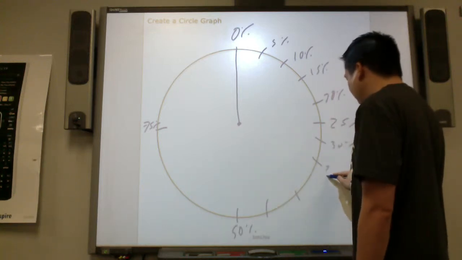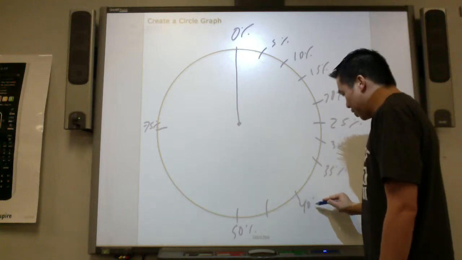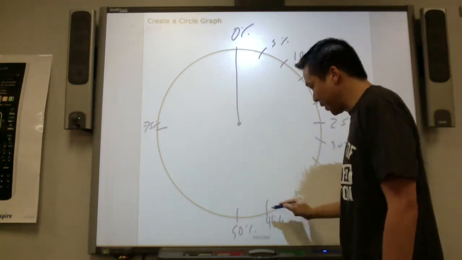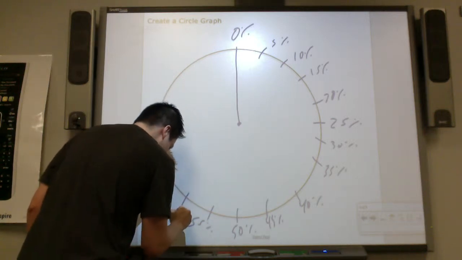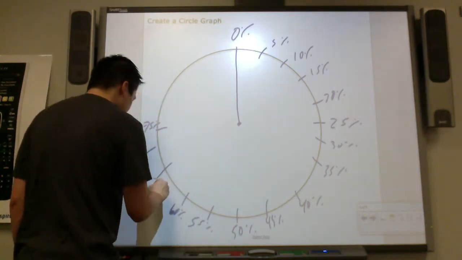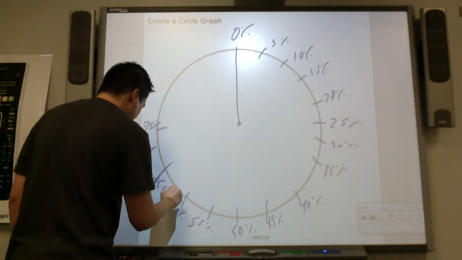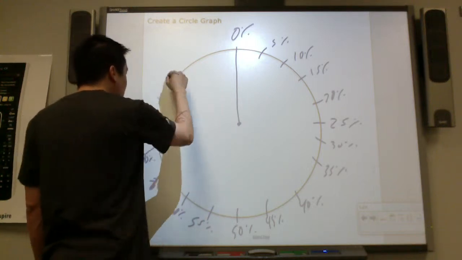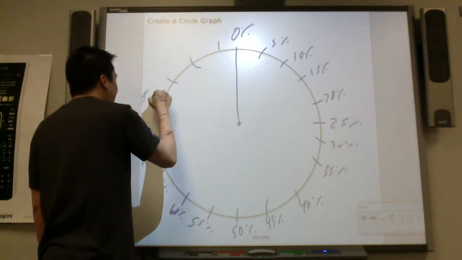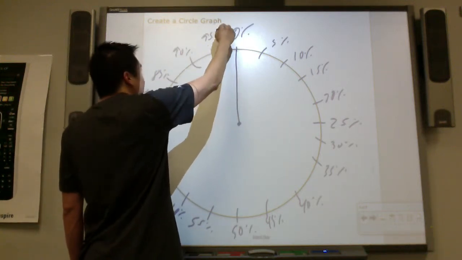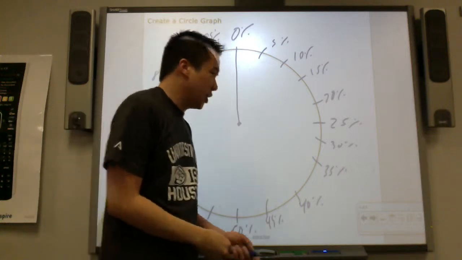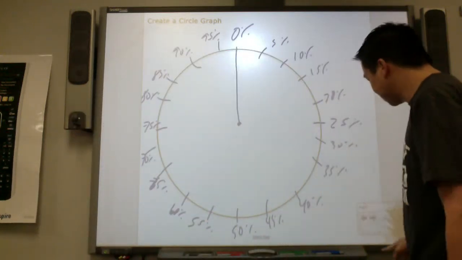This is 30%, 35%, 40%, 45%. This is 55%, 60%, 65%, 70%. Partition, partition, partition, partition. 80%, 85%, 90%, 95%. So I section it out or partition it by 5%.